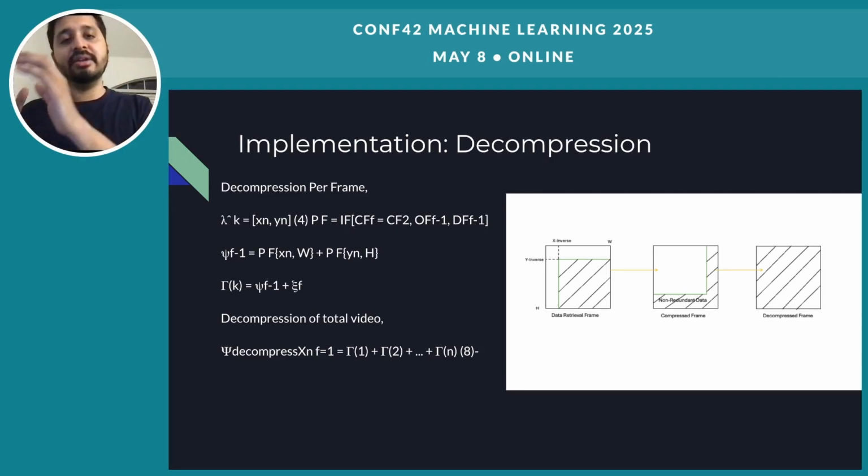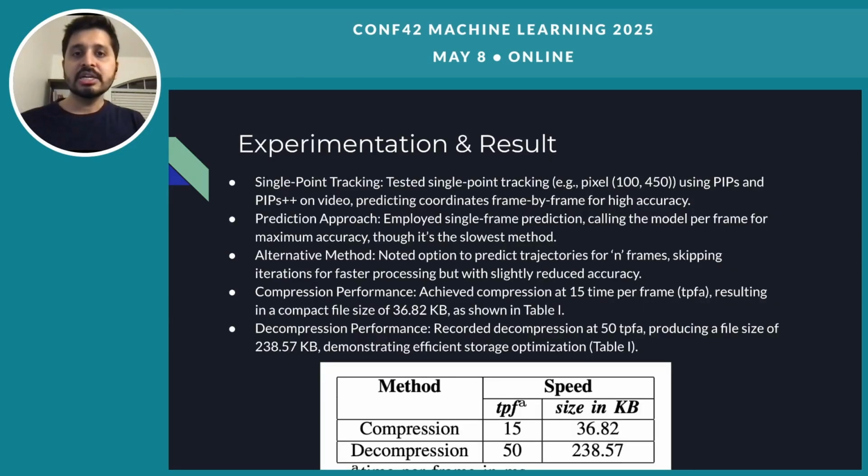So we take the redundant part of the pixels and reconstruct the second frame. Similarly, we do that for the subsequent frames, frame 2, frame 3, and until the last frame. By doing so, we do the decompression and bring everything back. That's how we approach this, and that's how we do the decompression. This is what we have done the POC on, the single point tracking. So in terms of the results over here, yeah.